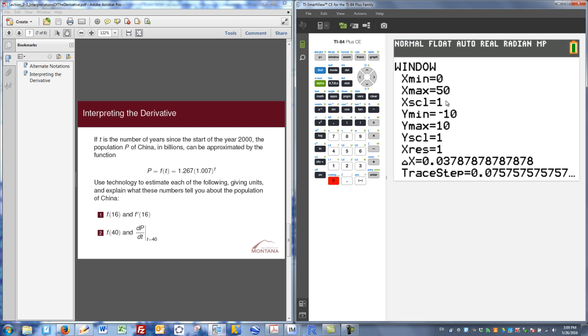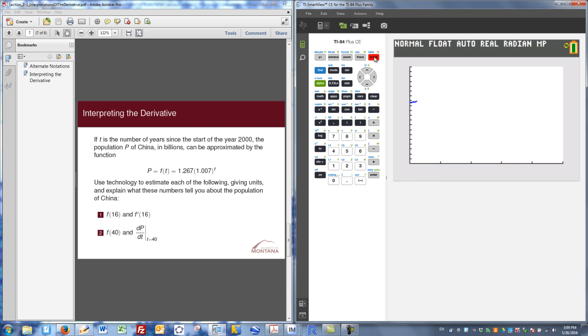The x scale, we might as well do tens. And let's let the y minimum be, well, if all the action seems to be between 1 and 2, let's start it at 0 and run it to 2. And let's let the scale be tenths there. I'm going to leave the resolution and trace step the same.